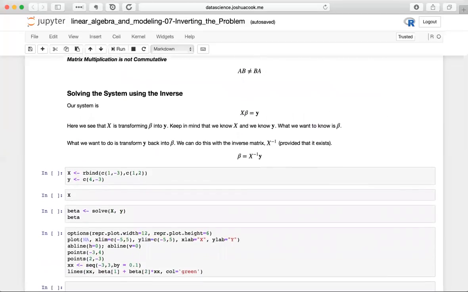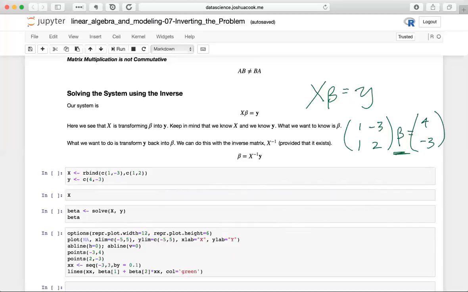Okay, so we want to solve this system here: X beta equals Y. Remember that X was going to be a column of ones and then our X values, beta was the thing that we don't know, and Y was a column of the Y values.